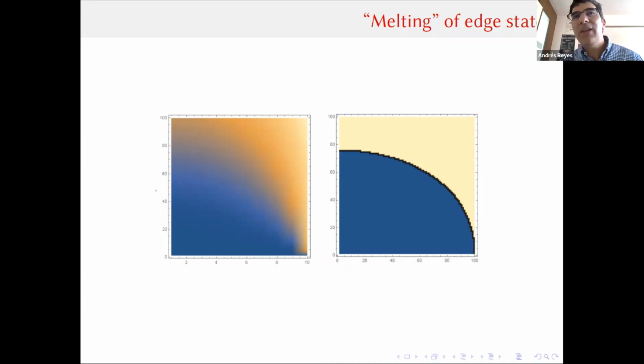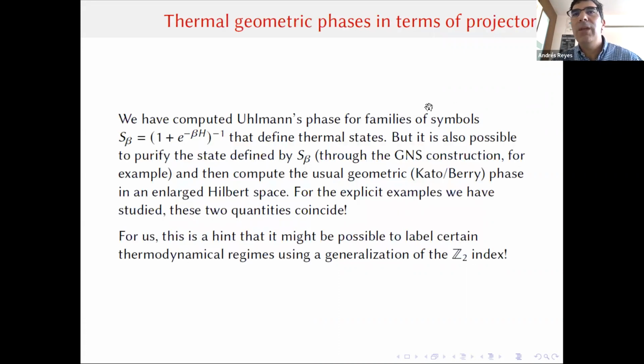So I think that studying this type of properties for models where the topological invariance at zero temperature can be given in terms of Schwinger cocycles and the like, it would be interesting to see what happens now when we put temperature.